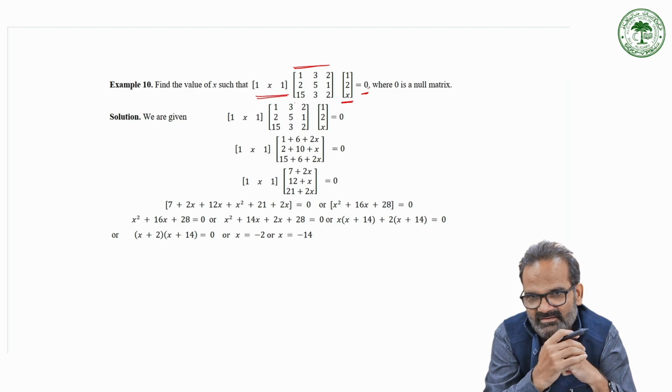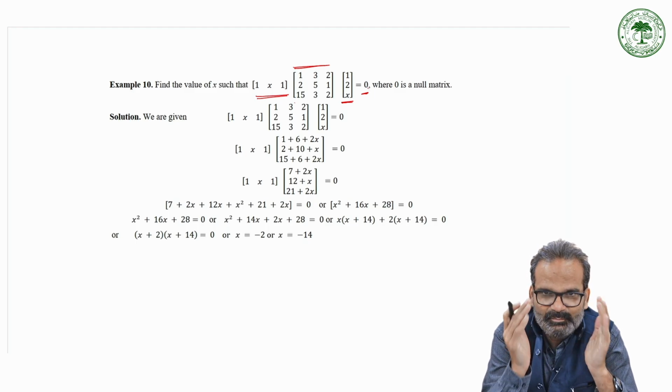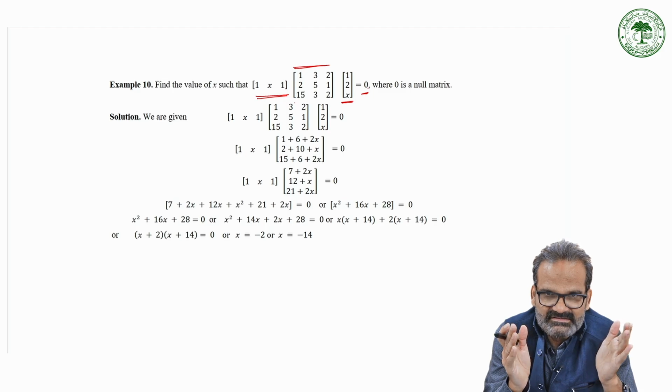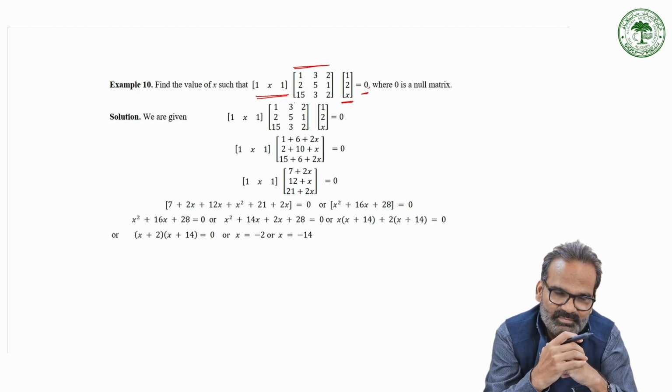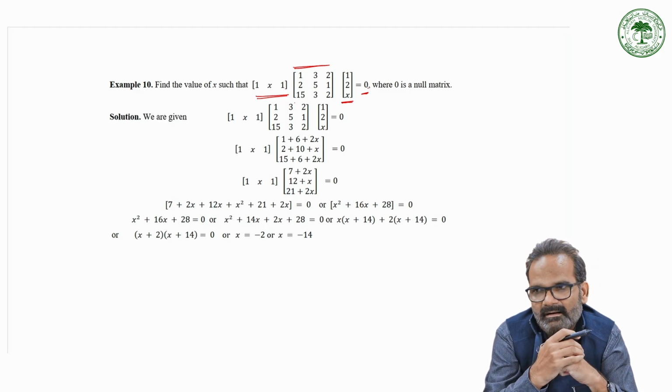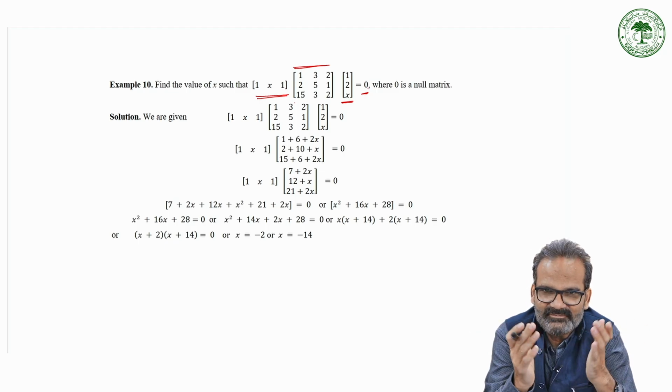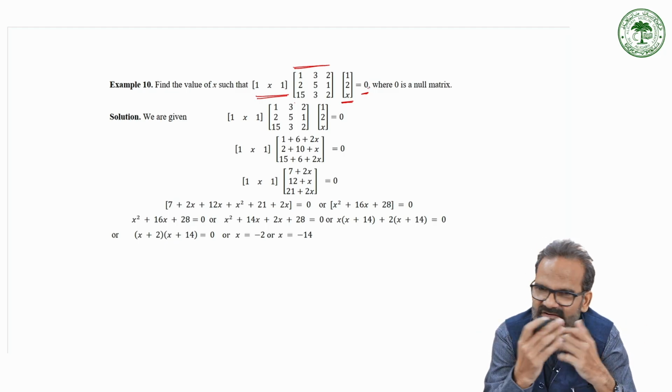What is the objective of finding out the solution of this? The product of the matrices on the left hand side should be equal to the right hand side, that is a null matrix. So it's up to you. You have to multiply these three matrices. Now it's your choice.